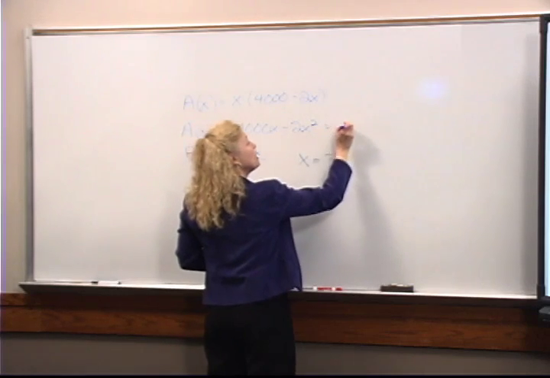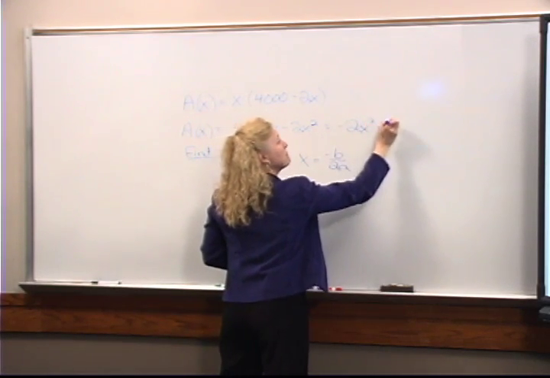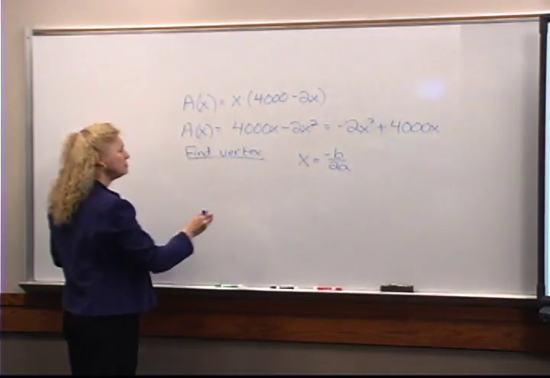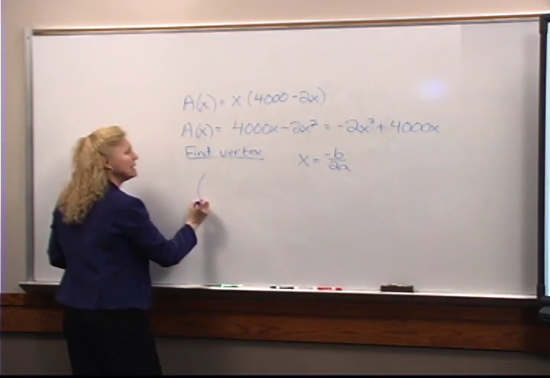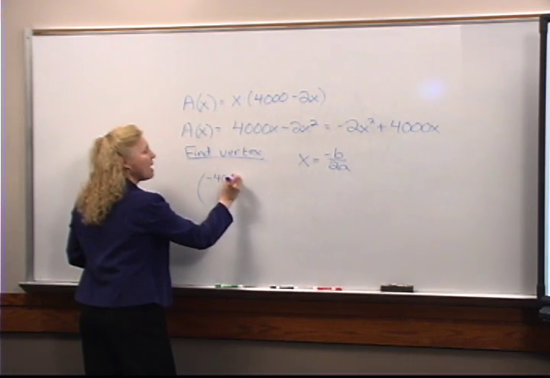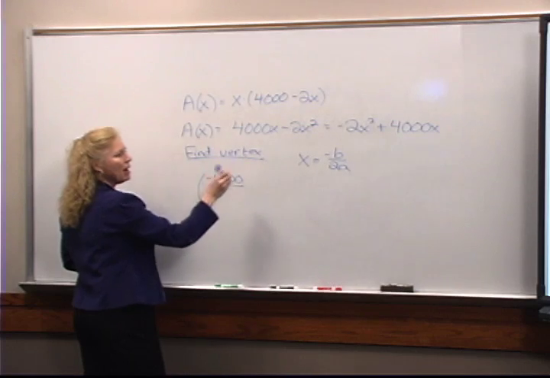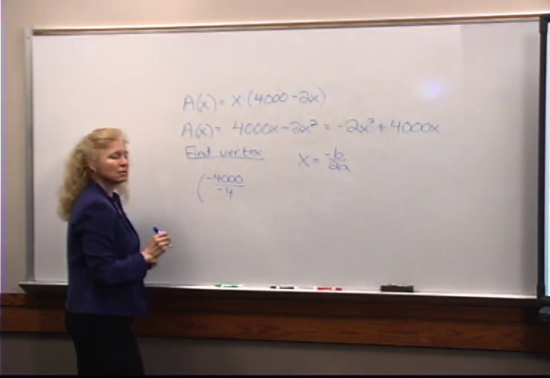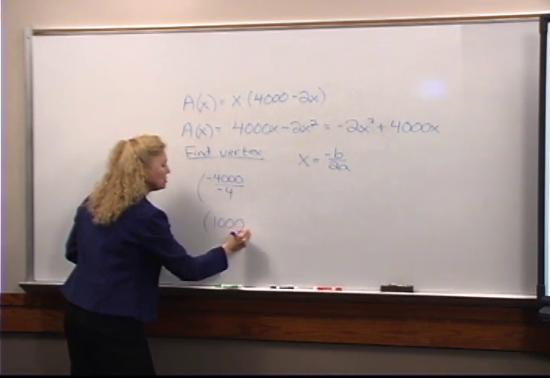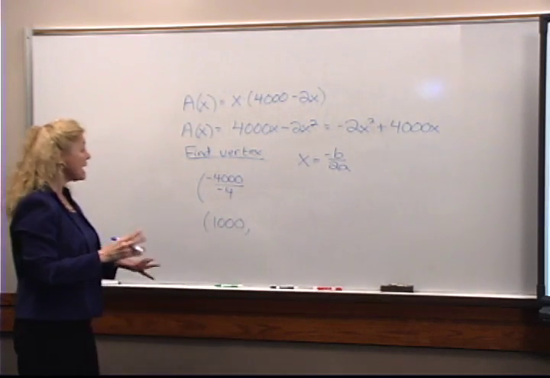If you'd like to turn that around to see it better, that's what I'd have. So my vertex is sitting at negative 4,000 divided by negative 4. That would be 1,000. Now that's the x-coordinate.